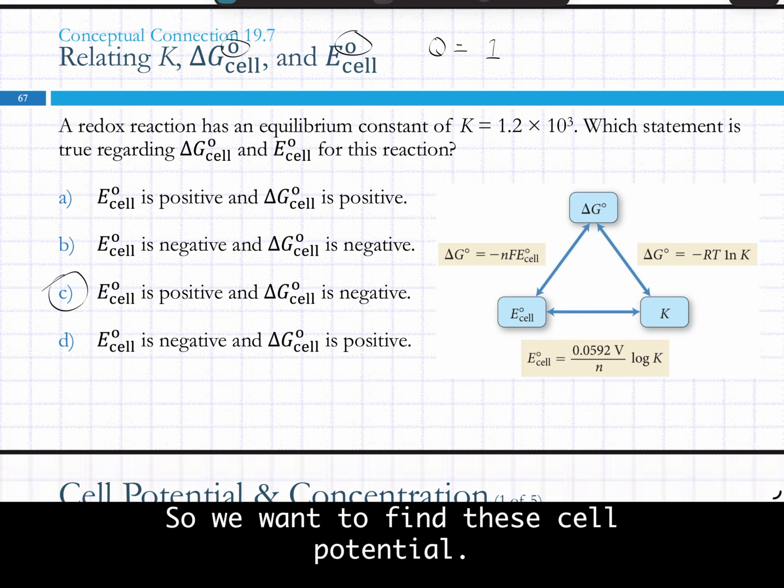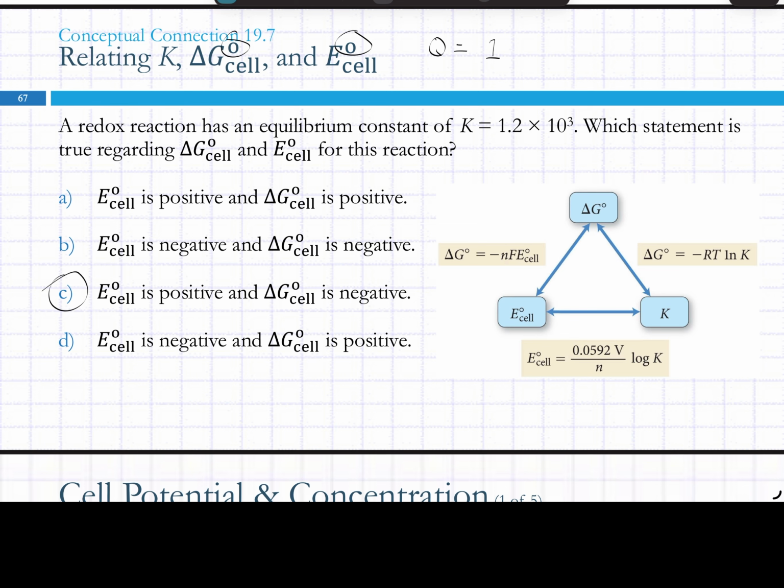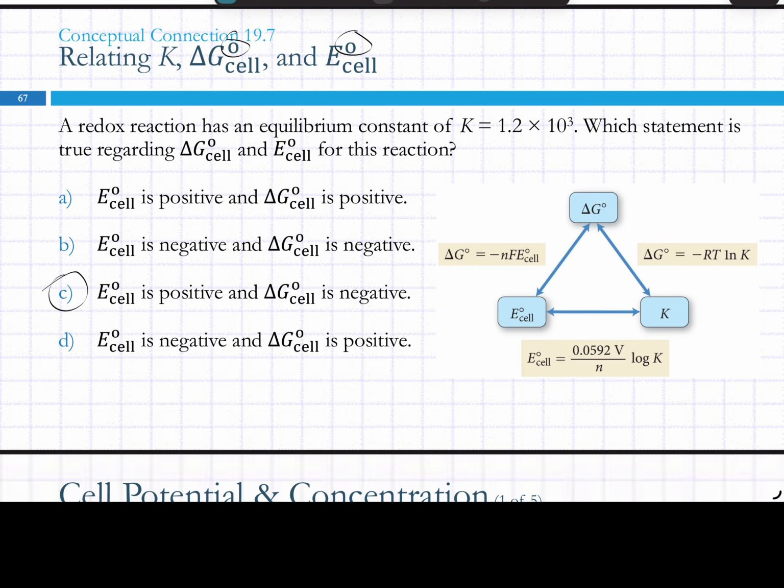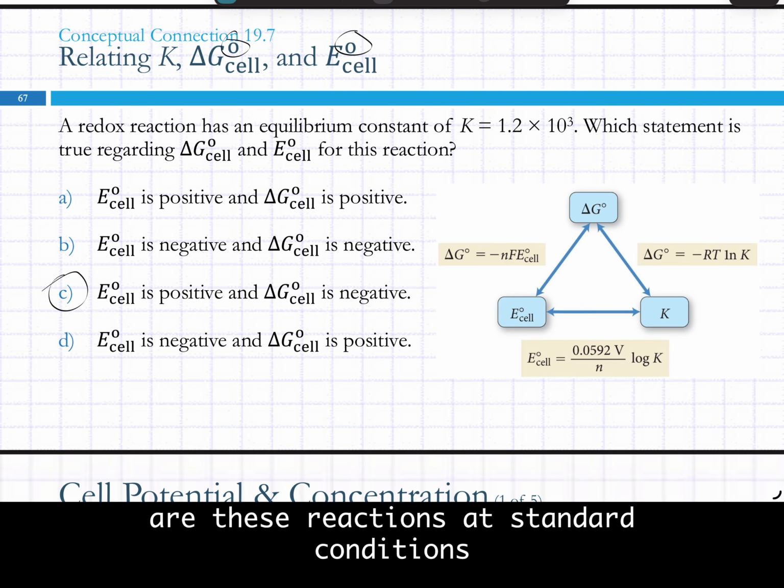So we want to find the cell potential of this electrochemical cell. These are E cell at standard. Are these reactions at standard conditions though?